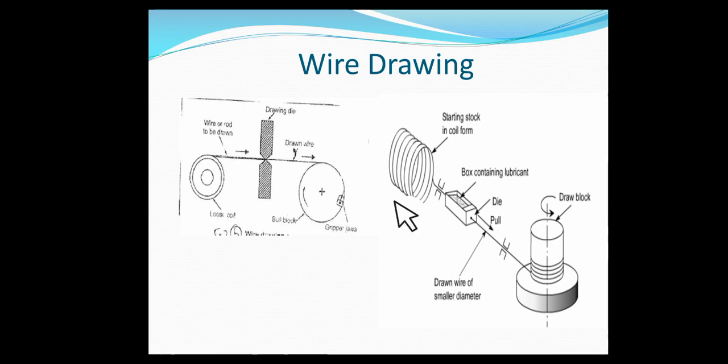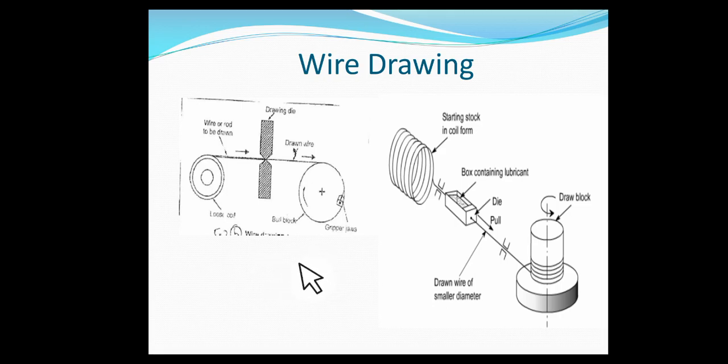This one we call the rear view of the wire drawing process. Clear? See, it is the same as the rod drawing process, where it is used to draw wires or electrical cables. So the application of wire drawing is to make electrical cables or electrical wires.